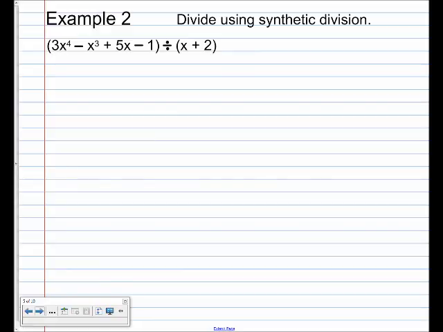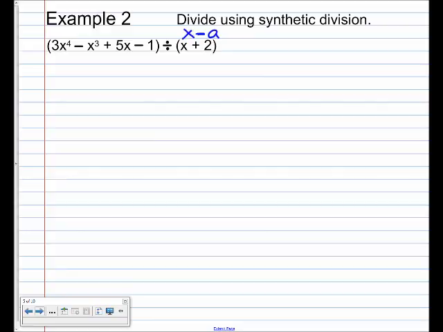First thing you want to check. Is this in the form of x minus a? A lot of students tell me no. And you're right. It doesn't say subtraction.